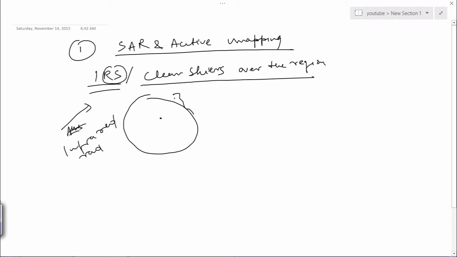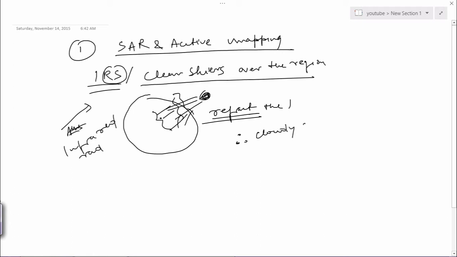But clouds actually reflect back or refract the infrared. So the satellite won't be able to gauge the area, and so we can say that cloudy skies or bad weather won't let the IRS function.